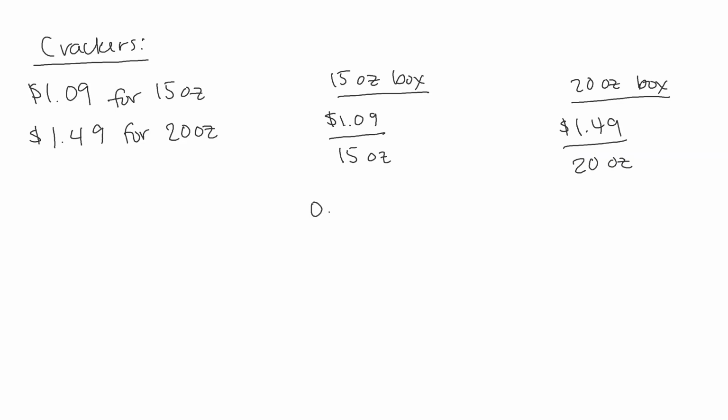For the first one, when we do the division, 109 divided by 15, we get 0.072666 repeating. For the second box, $1.49 divided by 20, we get 0.0745. What I'm going to do is I'm going to go out 3 decimal places, because if I round these mathematically, they both round to 7 cents per ounce, but one box is still more.